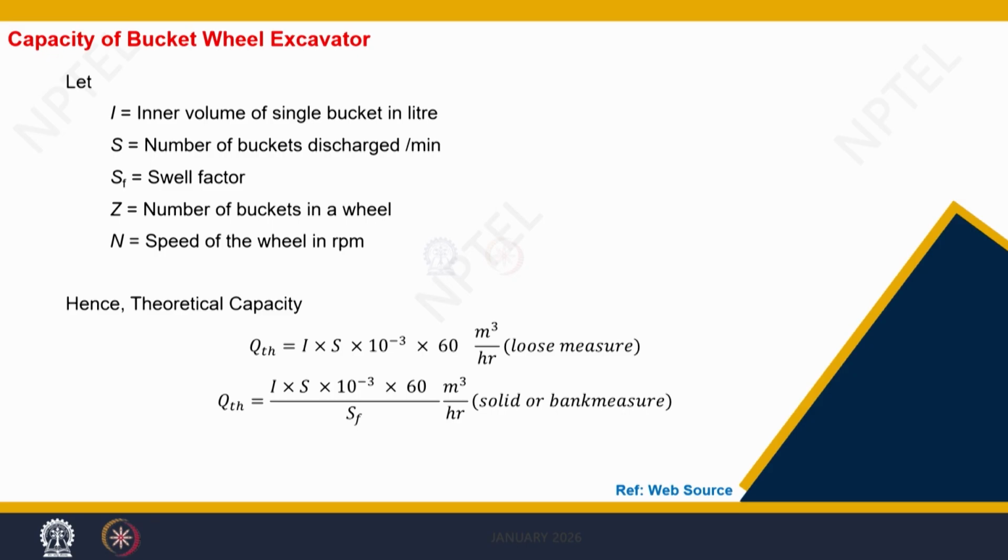Well, as I have discussed while we were discussing shovels, I will first be discussing how we find the capacity of a bucket wheel excavator. So, you have understood how a bucket wheel excavator works, what the buckets are, and how they are arranged in series over the periphery of a wheel.